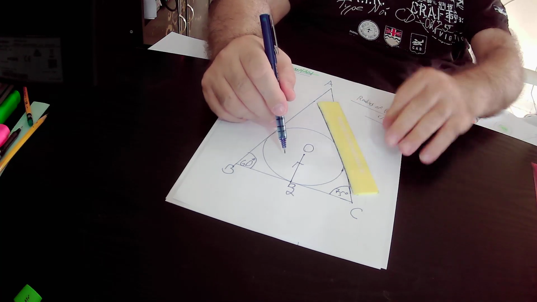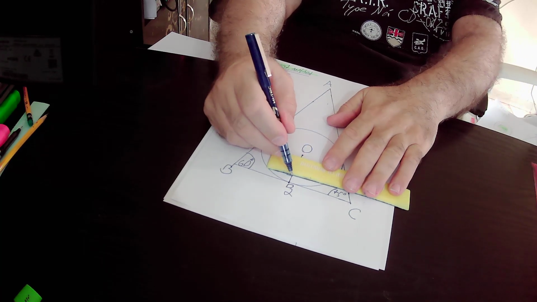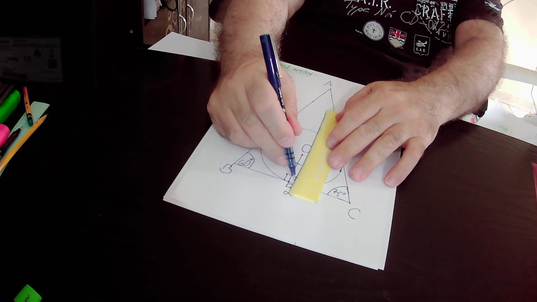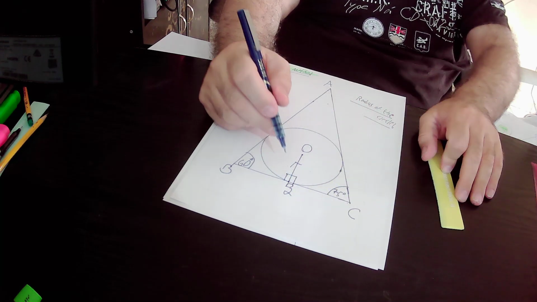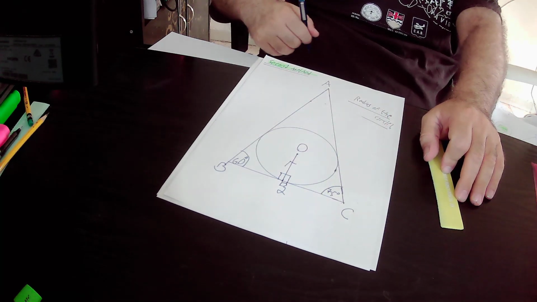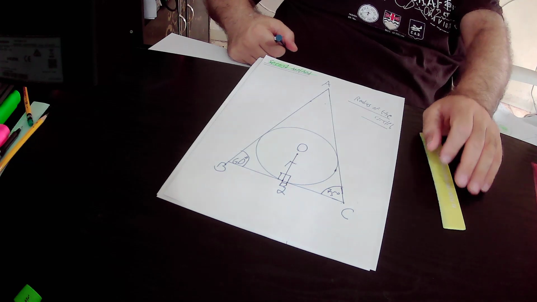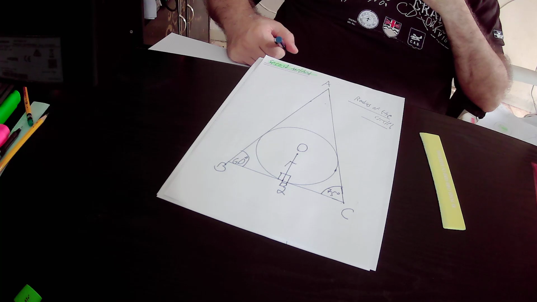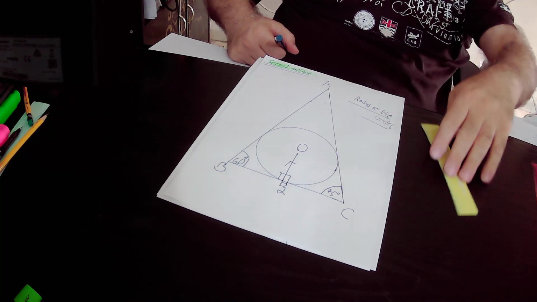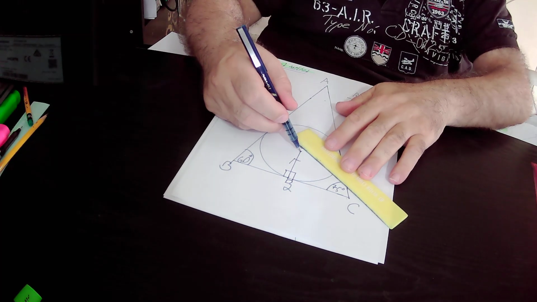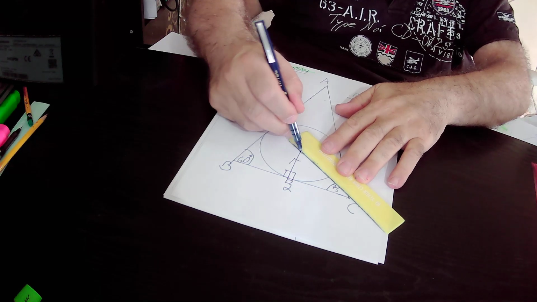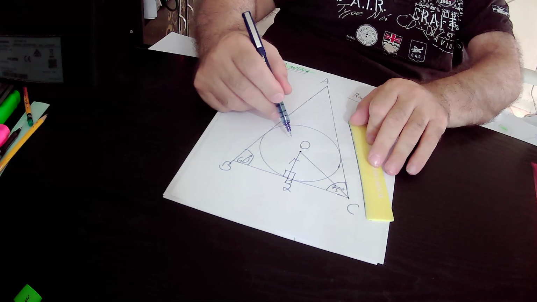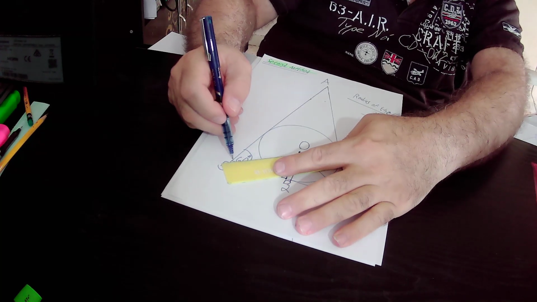Therefore, this angle will be equal to 90 degrees, and this angle also will be equal to 90 degrees according to rule number 1, that states that the tangent to a circle is perpendicular to the radius drawn to its point of tangency. In the next step, we'll join points O and C together by a straight line. We'll join points O and B together by a straight line.